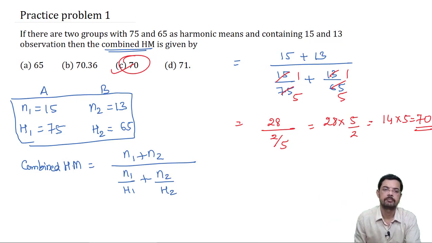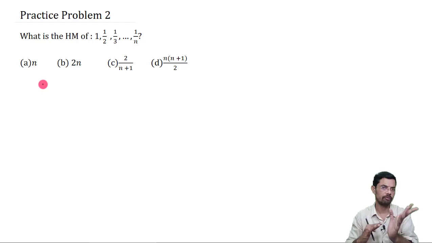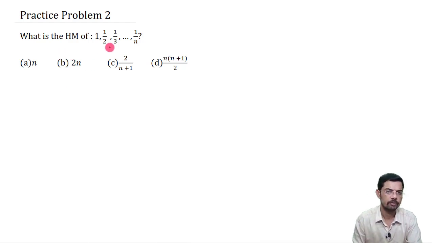Next problem, practice problem 2. What is the harmonic mean of 1, 1/2, 1/3 up to 1/n? So there are n observations: first, second, third, up to the nth observation. Now we know that the harmonic mean is defined as the reciprocal of the arithmetic mean of the reciprocals of the observations. So we first find the reciprocals of all the observations.